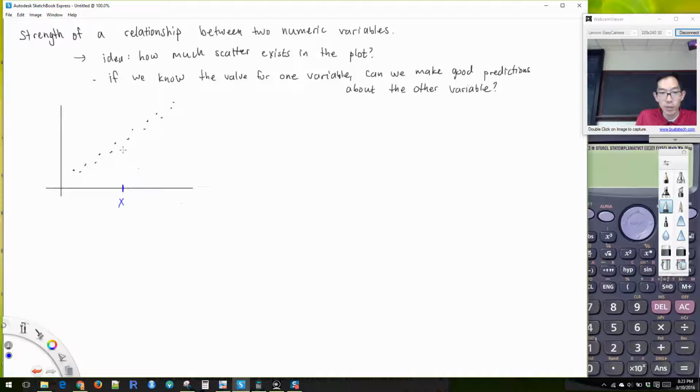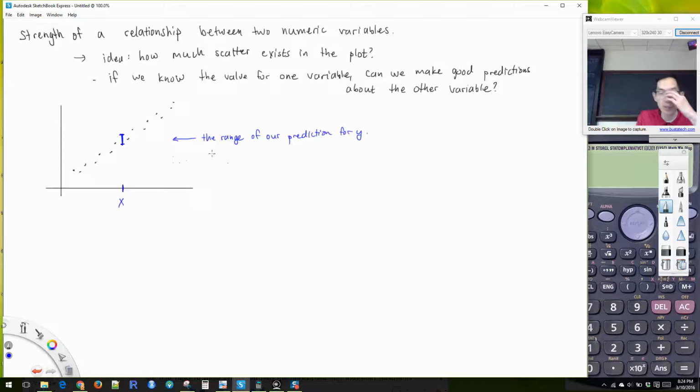Okay, so if you're given a value x right here, basically your prediction for y is going to be in this range here. Do we agree there? So this is the range of our prediction for y. We would have a very strong relationship between x and y because this is a pretty tight region.